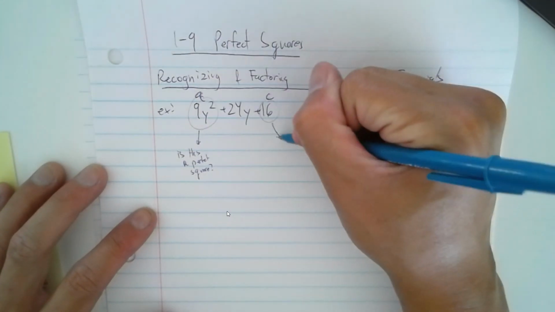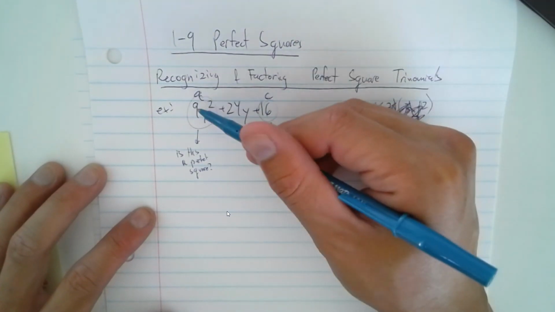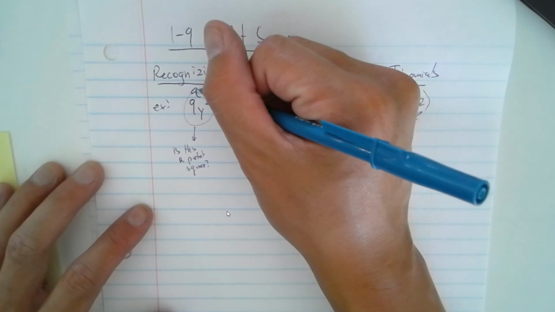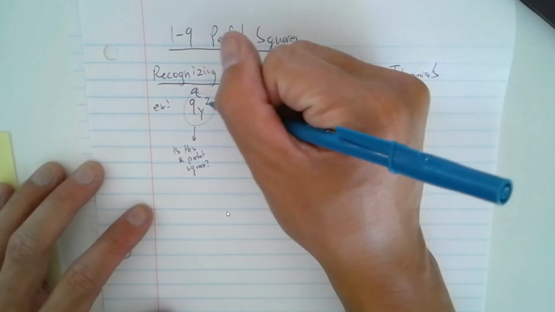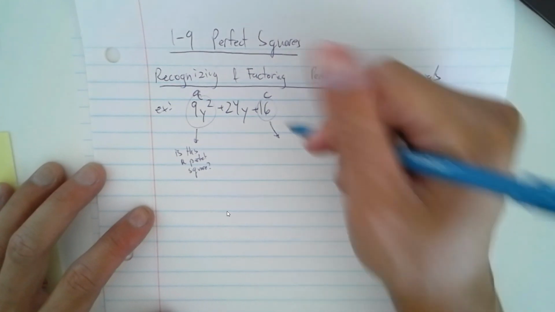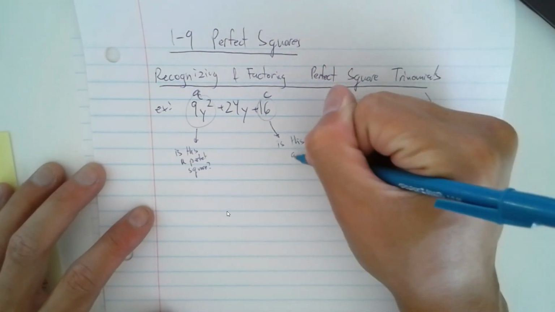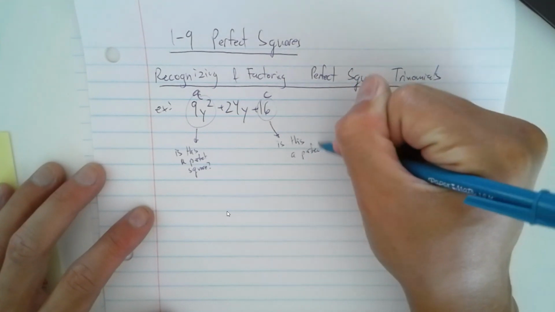Your A is the whole thing actually, AX squared, the whole term. Is this a perfect square? And is 16, your C value, a perfect square?